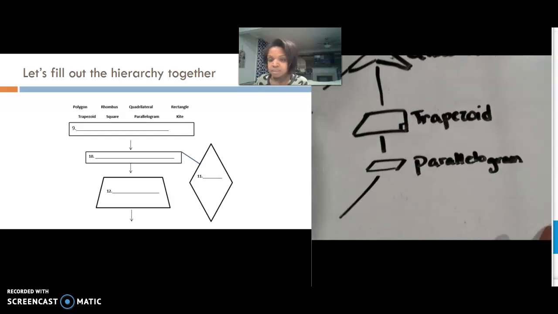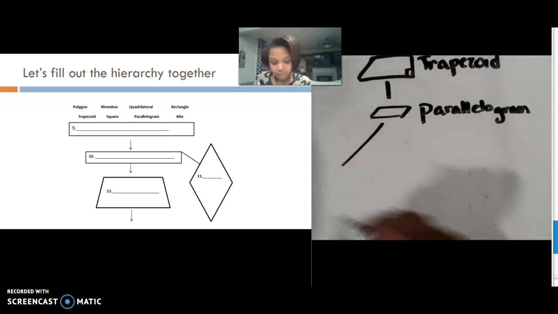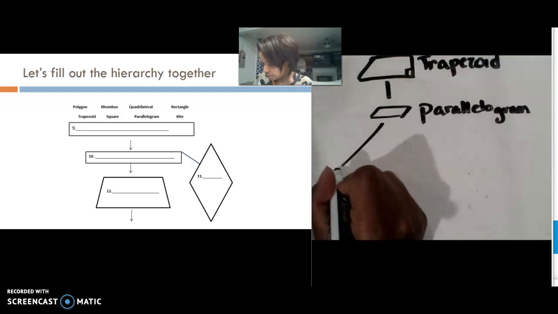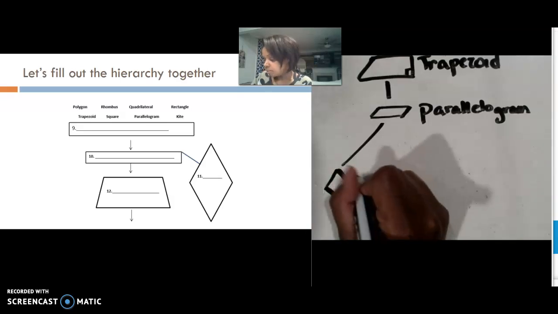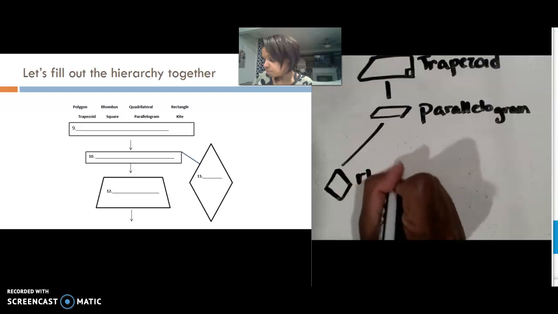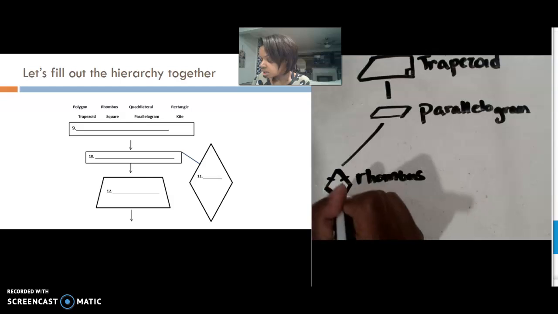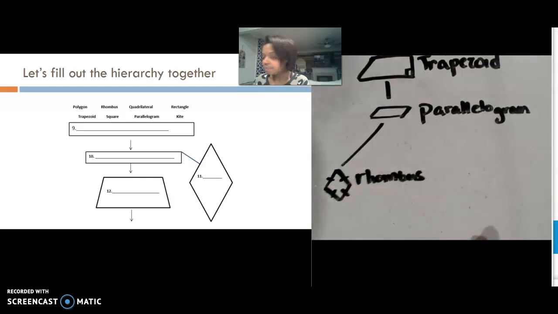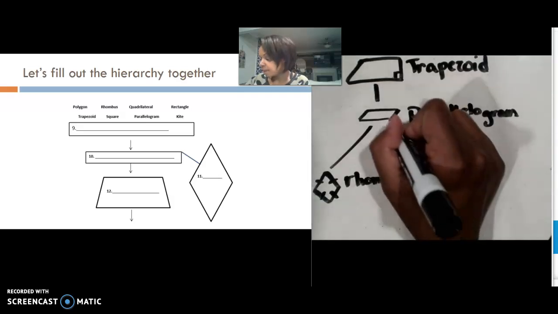And then I've got some different quadrilaterals that are also parallelograms, like a rhombus. And to be a rhombus, all you have to have is 4 congruent sides, okay? And be a parallelogram. So it has 2 sets that are parallel, and it has 4 congruent sides, okay?